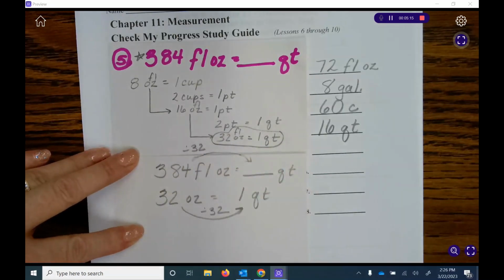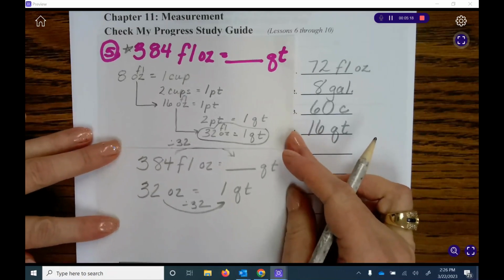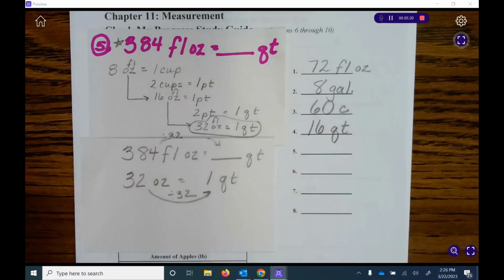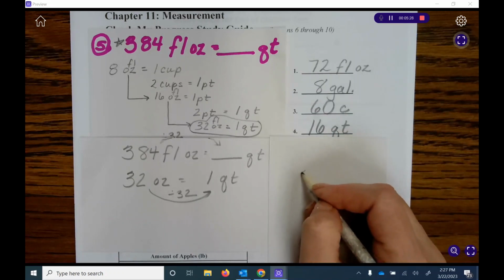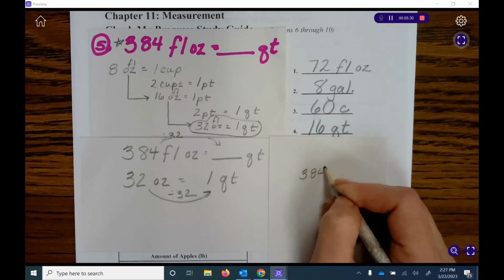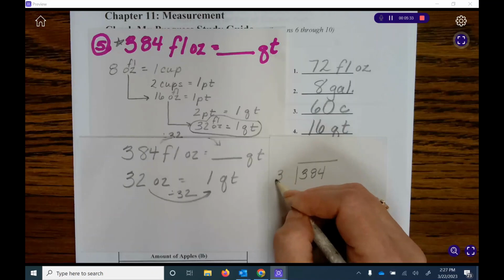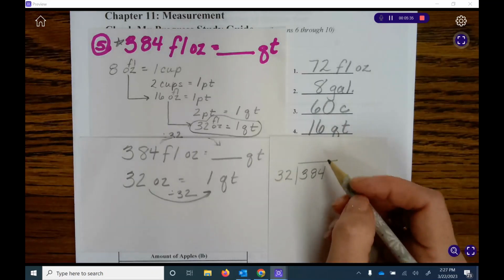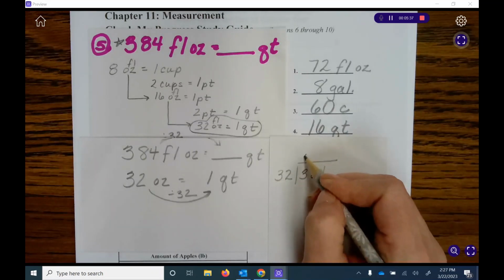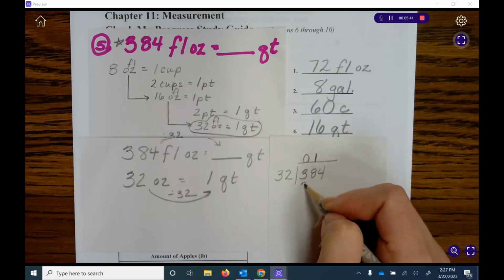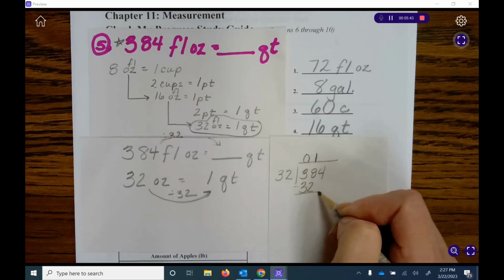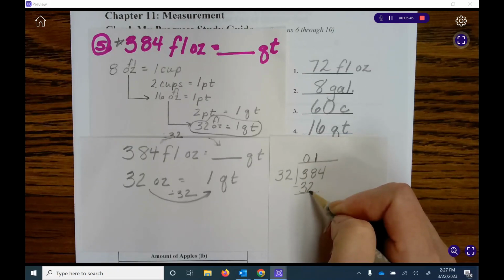Let me move this over here. We're dividing by 32. 384 divided by 32. 32 cannot divide 3. It can divide 38 once, which is 32. I subtract.